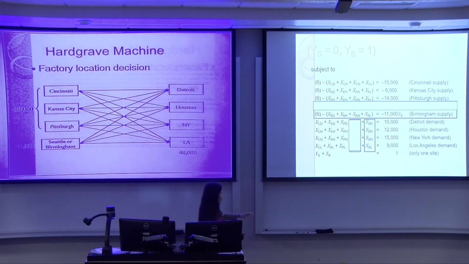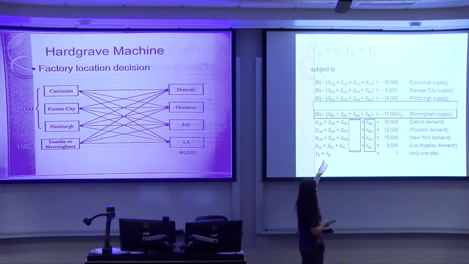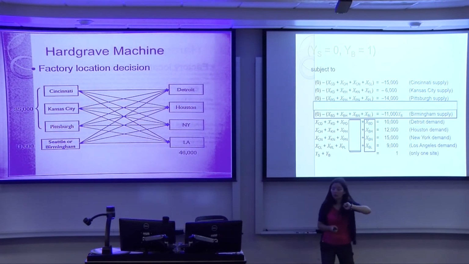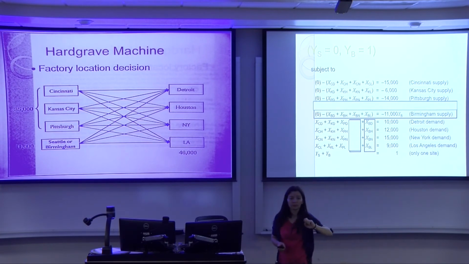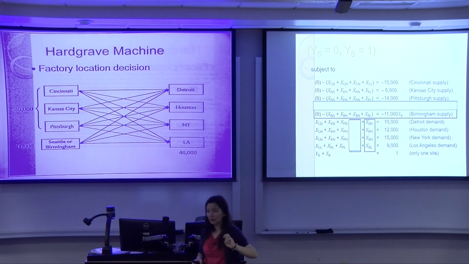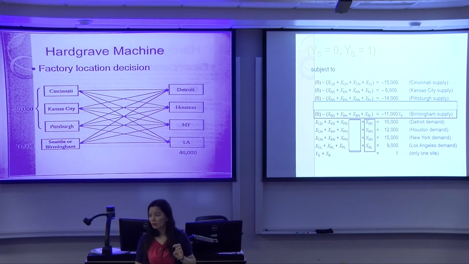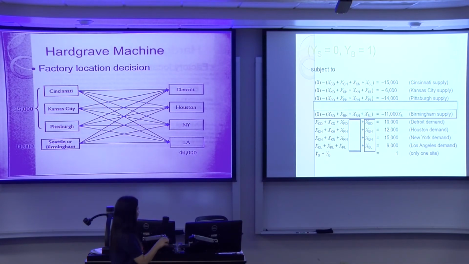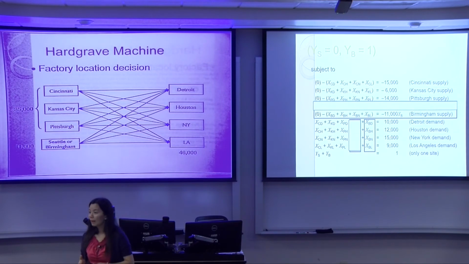And why do we need this constraint, YS plus YB equals 1? Because only one site could be selected. So you must add this YS plus YB equals 1. Okay? Are we good? Yes?